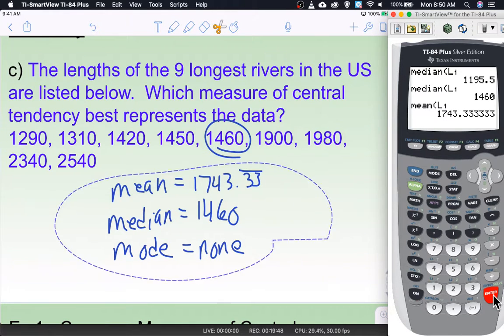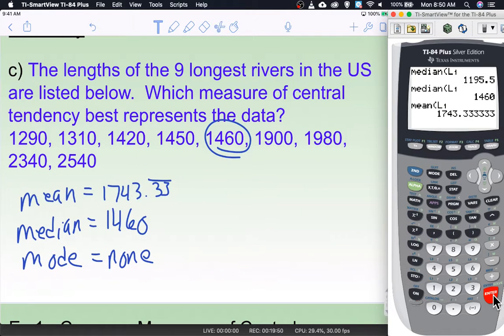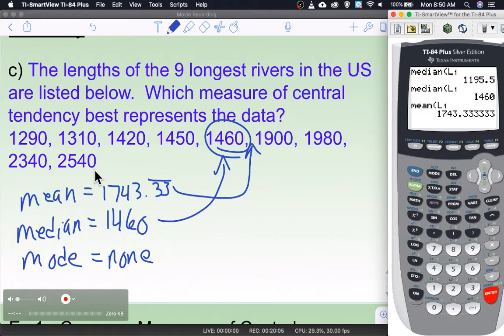So which measure of central tendency is the best? Well, we can see the median is right here. The mean would be right there. They're both fairly much in the center, right? Does there appear to be any outliers, any extreme values? Not really.